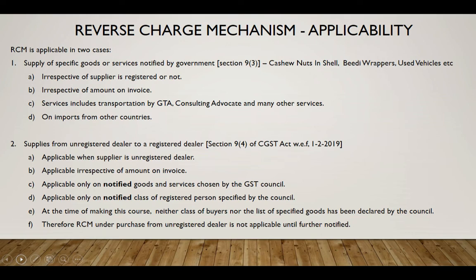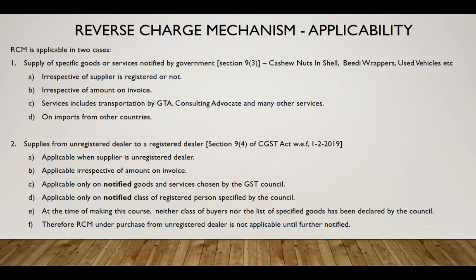If we talk about services, then services like transportation by goods transport agency (GTA), or services from an advocate, and many other services listed by the council, fall under reverse charge mechanism.